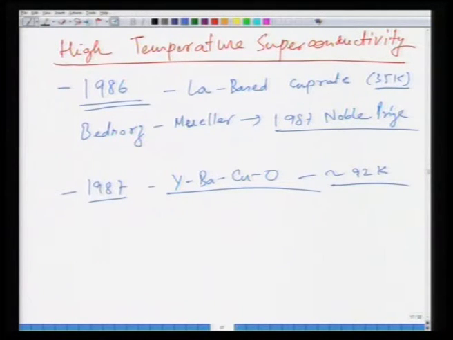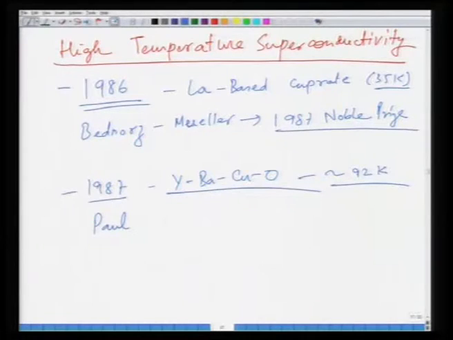This was a landmark discovery, because it gave rise to hope that much higher transition temperature materials can be discovered, simply because this 92 Kelvin, as I said previously, is higher than liquid nitrogen temperature, and that makes operation of superconductors much easier and much less troublesome.